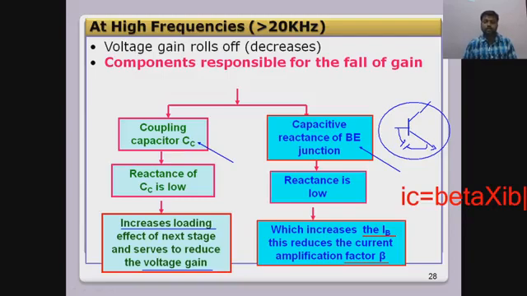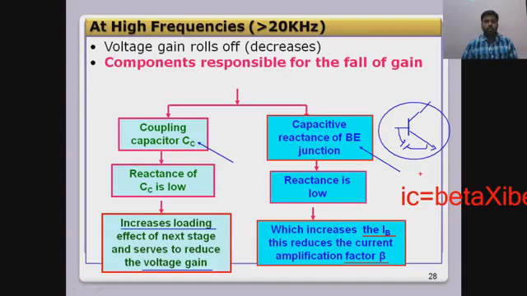As the beta decreases, the collector current decreases. Hence, the output decreases, which in turn the gain, the ratio of output to input, also decreases. The gain decreases.